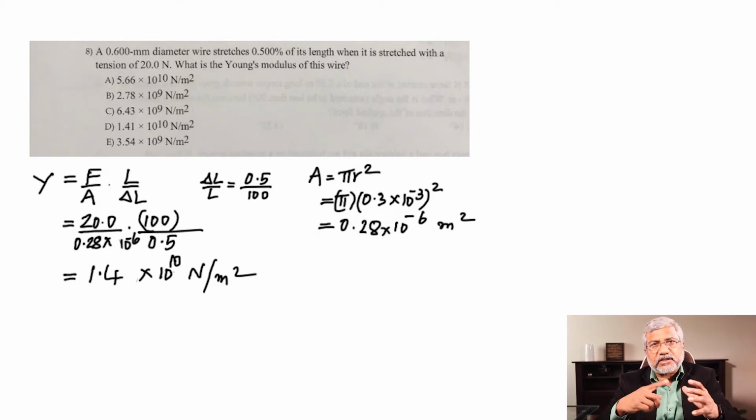Area of cross section, because the cross section is circular, it's pi r squared. 0.3 times 10 to the negative 3 whole squared. And so I got the area of cross section. And once you get the area of cross section, simply substitute it into this formula. Force is given. That's the area of cross section. And you have the length by the change in length. And you get this as the Young's modulus.